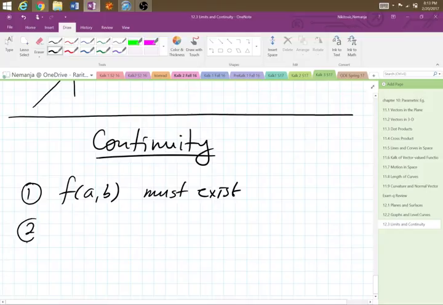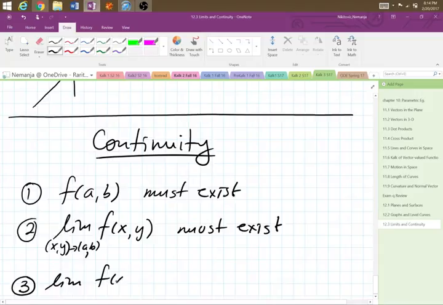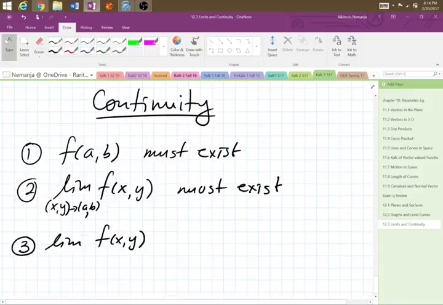Rule number 2, limit of f of x, y, as x, y goes to a, b, must exist. And 3, limit of f of x, y as x, y goes to a, b must be f of a, b.